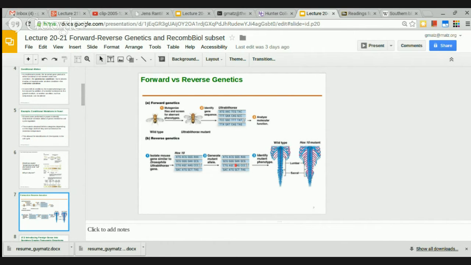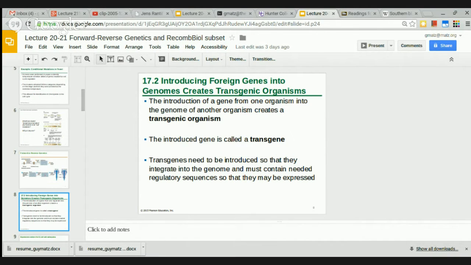Okay, another major area of our strategy for understanding various processes, in fact, is to introduce genes from one organism into another. This we call transgenics or transgenesis, and we can mean that we're taking just from one individual mouse and putting it into another mouse.